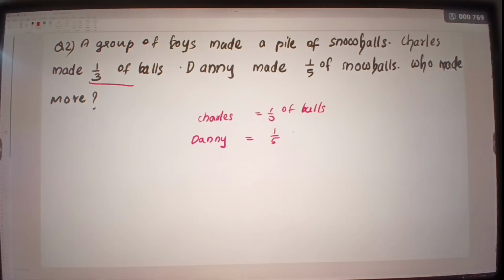So these are unit fractions. We know that as the denominator becomes bigger, the fraction decreases. For every word problem you have to write what is given in the question, what the fractions are, and figure out what they are asked for. They asked who made more. So just comparison.